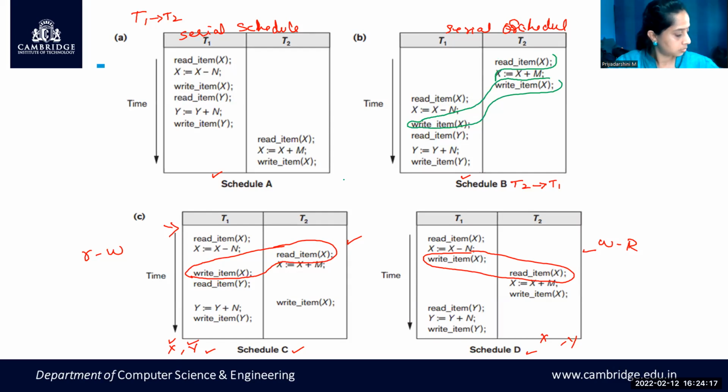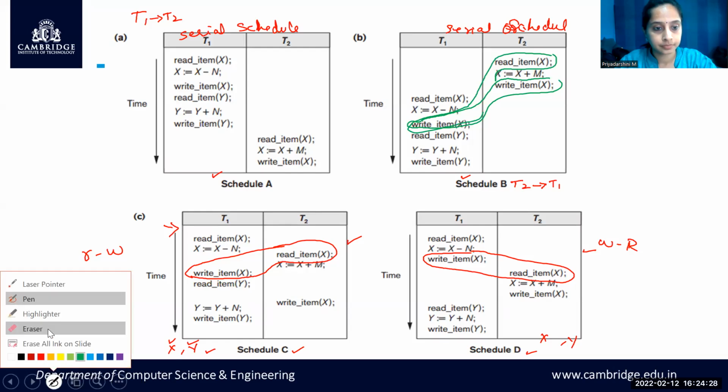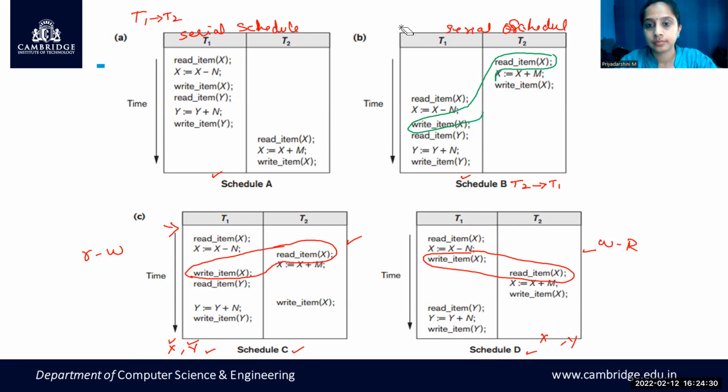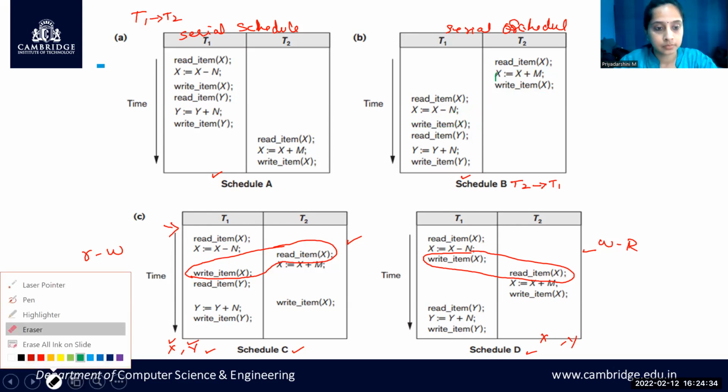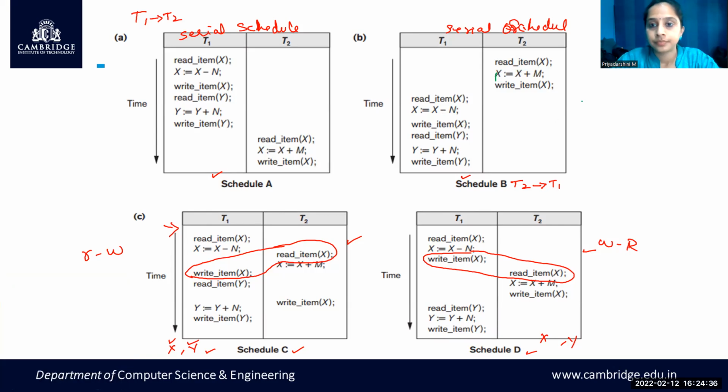Or I can also pull out this operation, read of X, and then here I have write of X. So I have a read-write conflict.